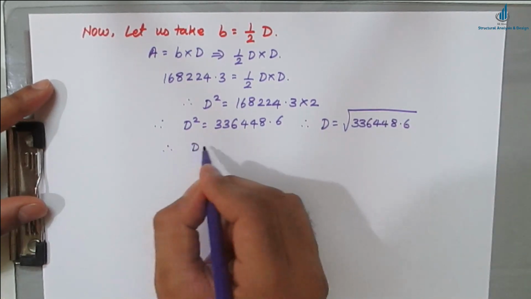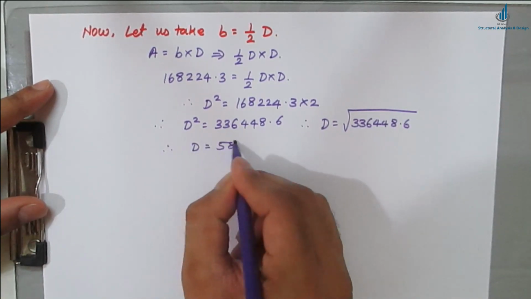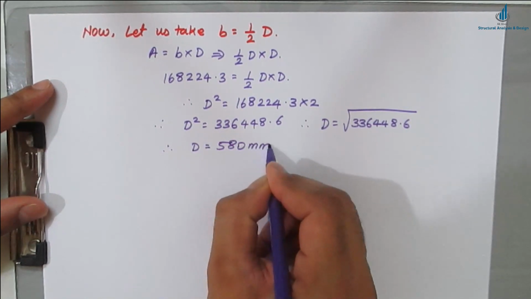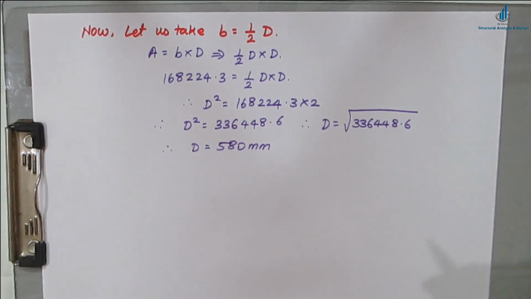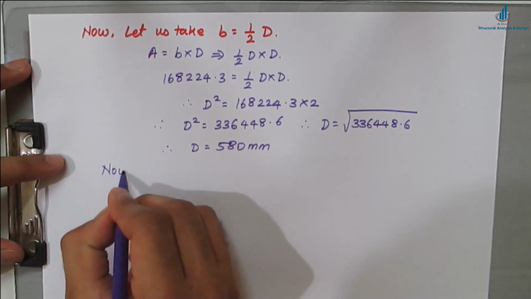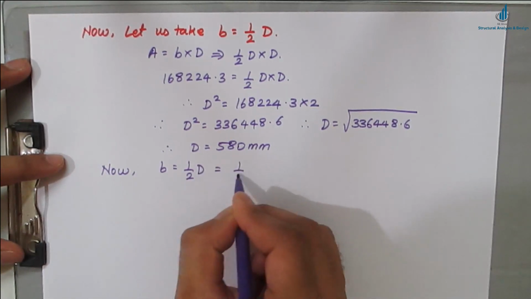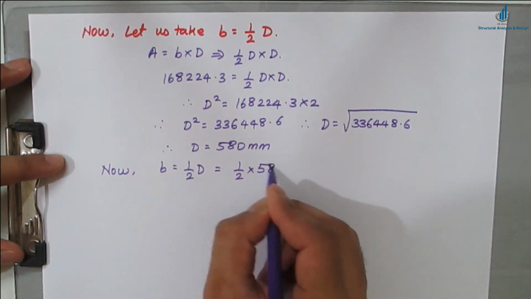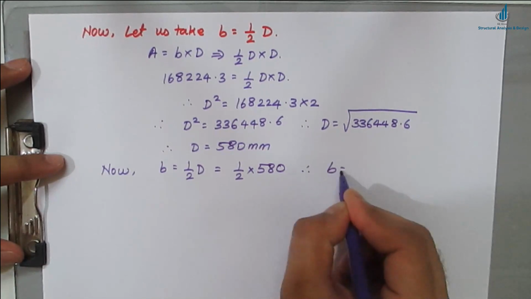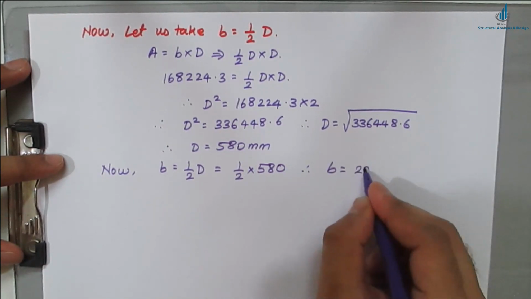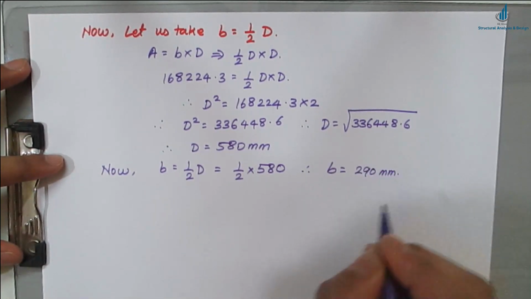Therefore you will be getting D equals 580 mm. Okay, so this is how you have to calculate the D. Now B is equal to half D. So just substitute now the D value here. Therefore B equals 290 mm.